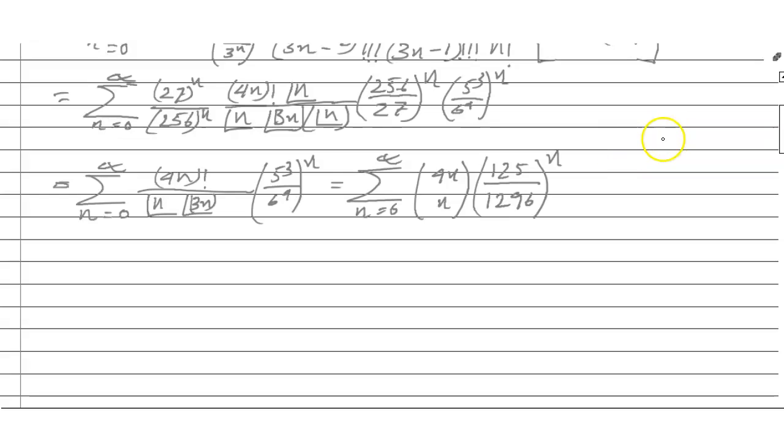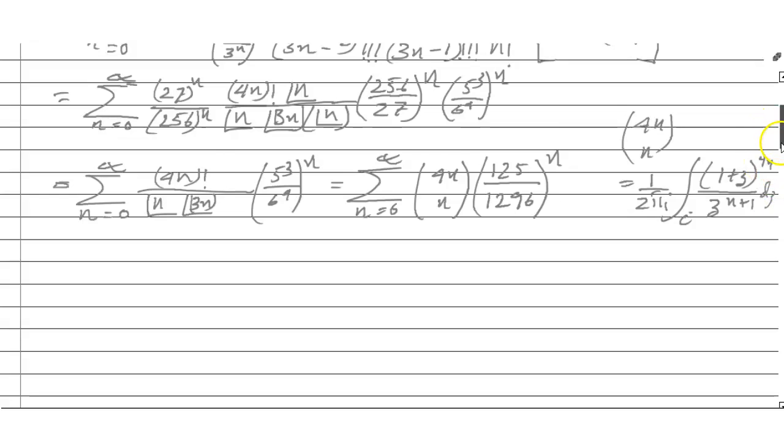So friends, by Cauchy's residue theory, (4n choose n) can be represented this way: 1 by 2 pi i, integral over the contour C of (1 plus z) whole to the power 4n divided by z to the power n plus 1, dz.